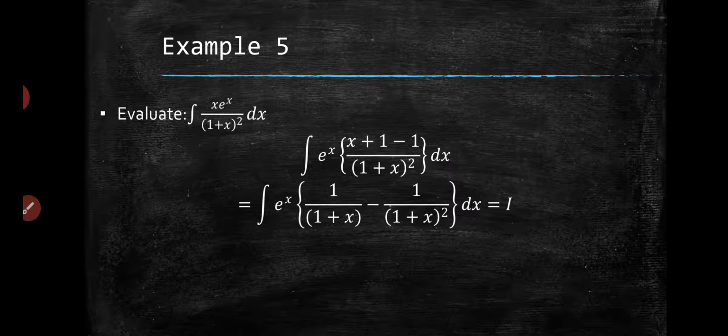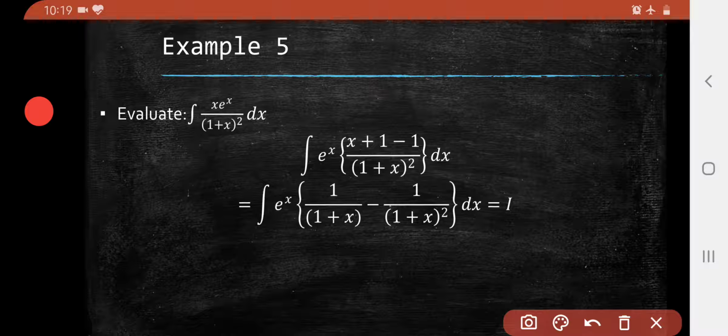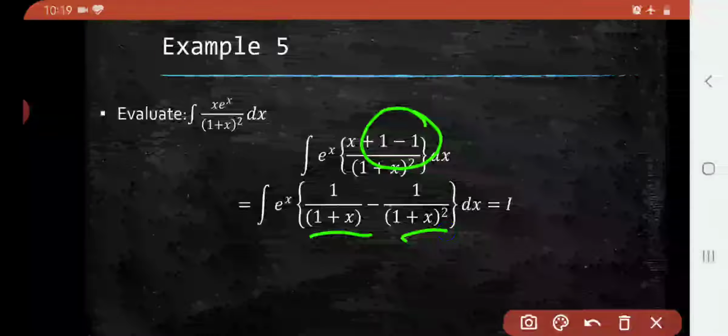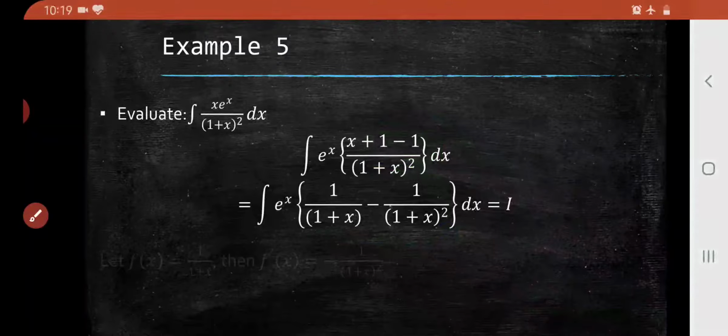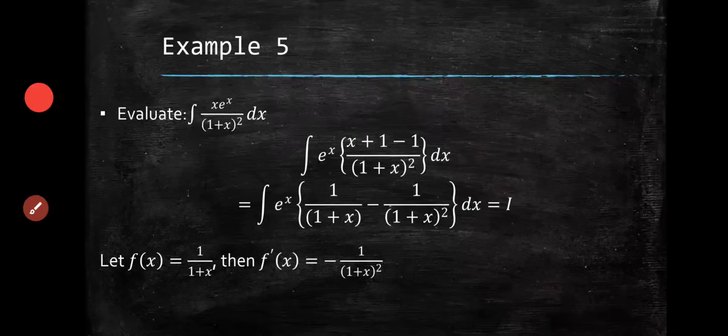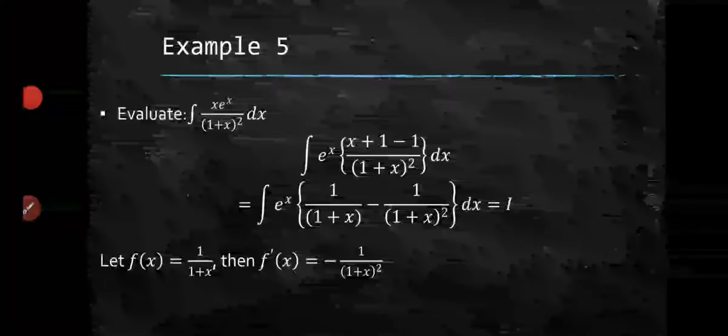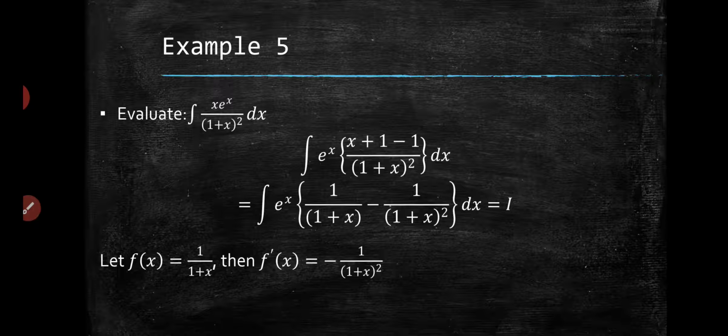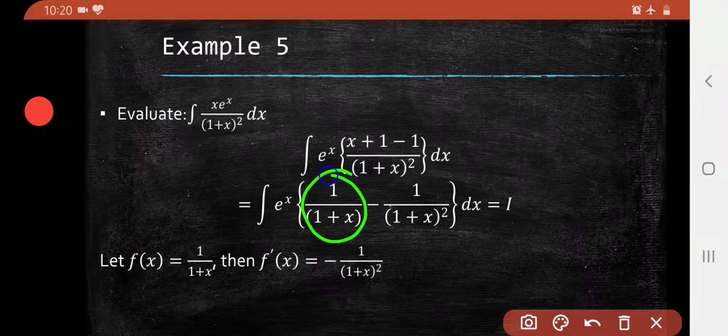Here I have added and subtracted 1, obviously intentionally. After breaking it out, I have 1 by 1 plus x and minus 1 by 1 plus x square. Now it is very easy to see that if I take fx as 1 by 1 plus x, then f dash x becomes minus 1 by 1 plus x squared. So basically I have fx plus f dash x in that form.